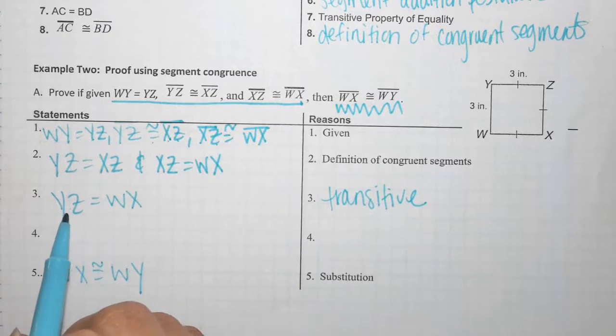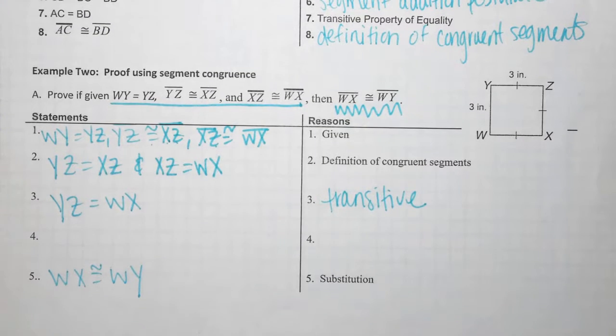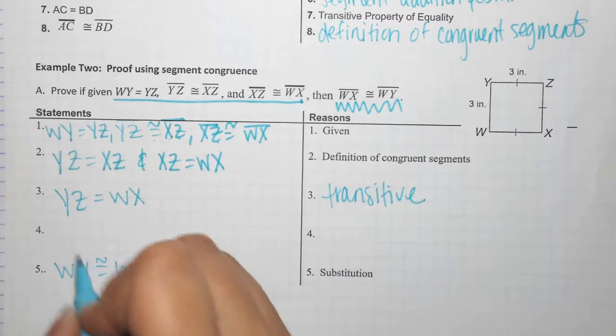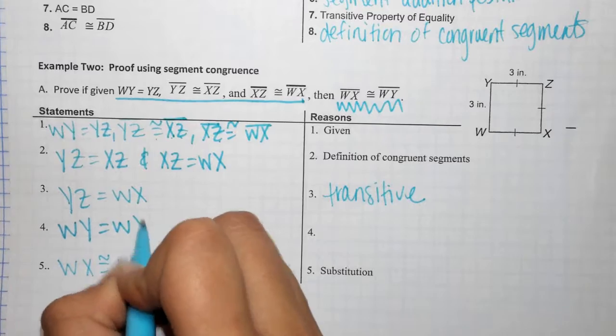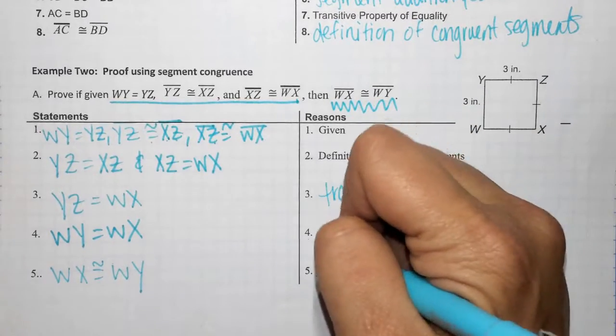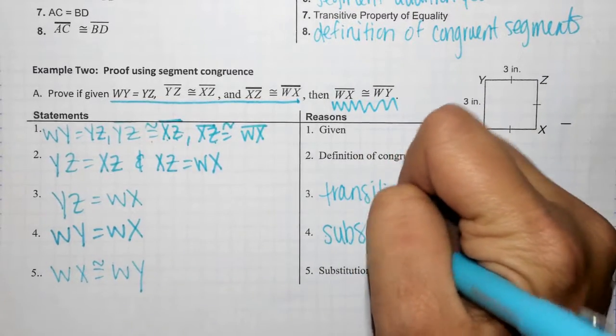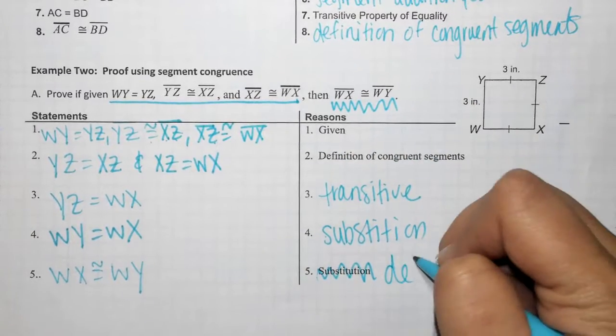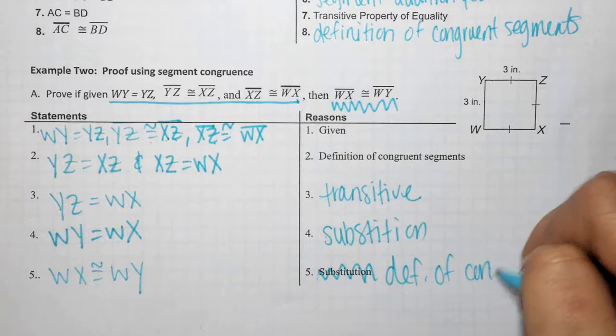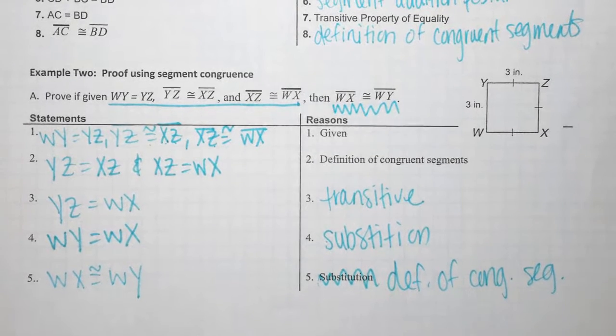Now, what is YZ also equal to in our given? WY. So we would substitute and we would say WY equals WX. And I don't like that being substitution. This is the definition of congruent segments. Boom, we're done.